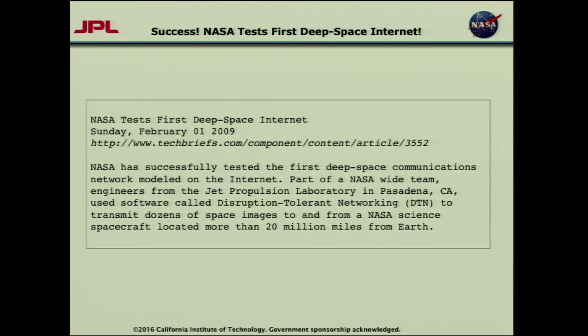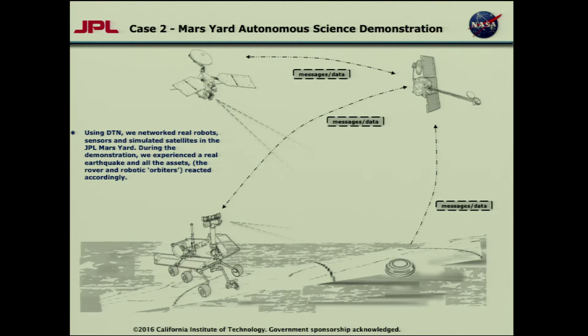The second case was really interesting. We did a demonstration in the JPL Mars Yard. If you were here for the earlier talk, he talked about a scenario where you had a rover and orbiter, and a rover and two orbiters. Well, we actually did that a couple of years ago.